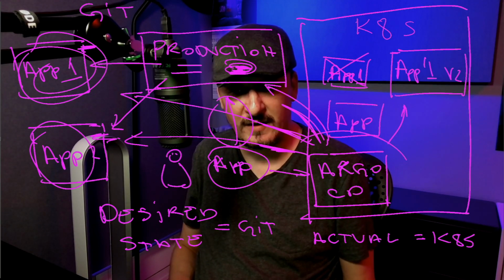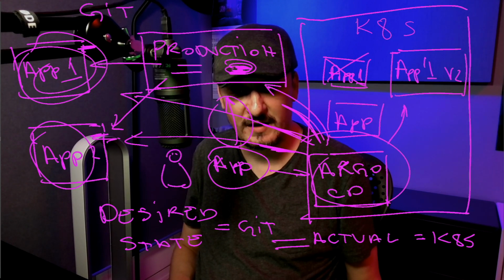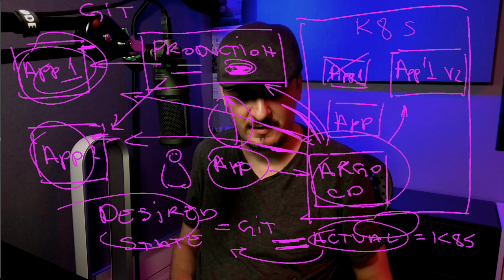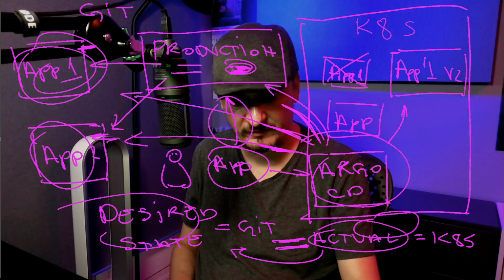And the job of Argo CD is to make sure that those two are always the same, are always in sync. The desired state and the actual state, and if there is a difference between those two, it converges the actual state into the desired state, makes the actual state the same as the desired state.